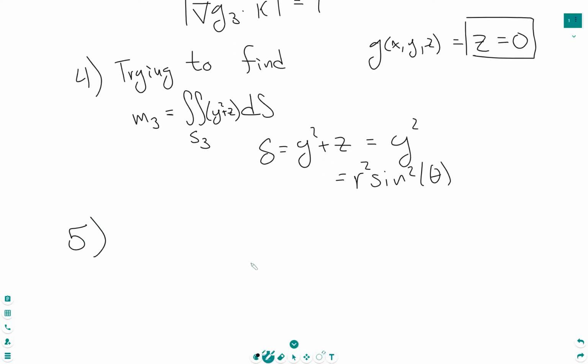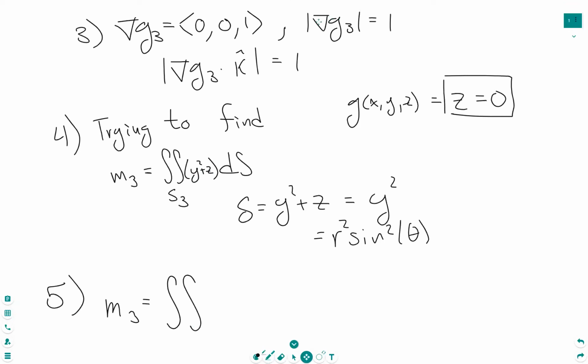So now for step 5, we can actually go ahead and write this out. So M3 is our surface area integral, but we're now going to write this as our area integral. Now, the conversion from dS to dA is this magnitude of the gradient, or just 1, and then the magnitude of the dot product here over 1.